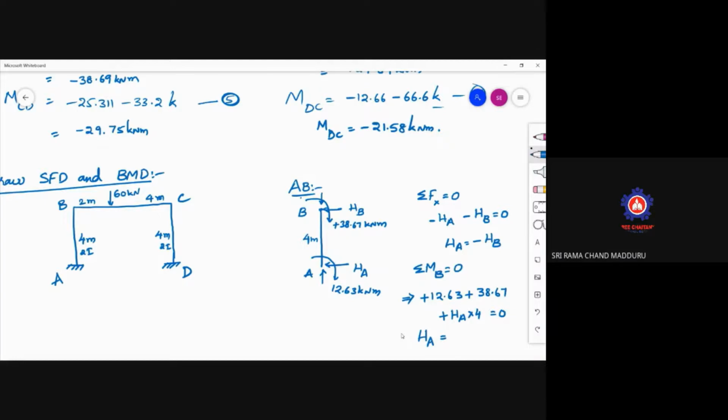Now tell me, what is the value of HA? 12.825. Minus 12.825 kilonewtons. Check everyone, is it correct or not? Then HB will become minus of HA, which is 12.825 kilonewtons.